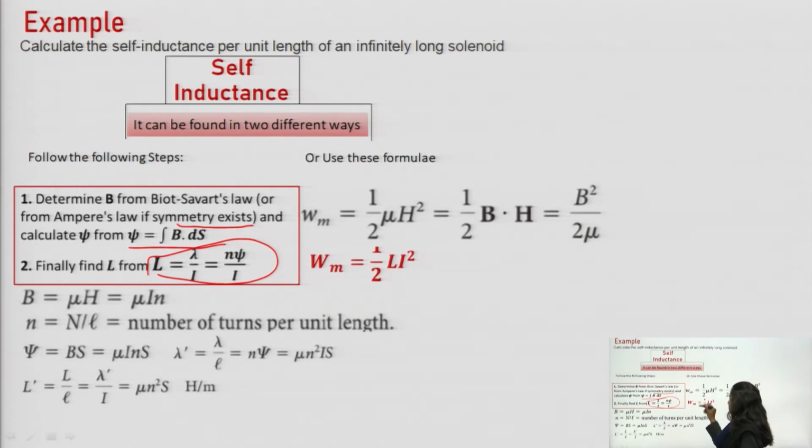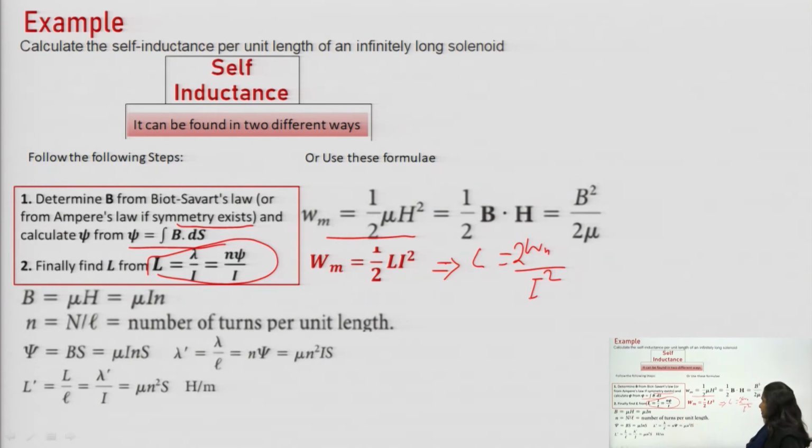So with the help of these two, we can find the value of Wm, and from this formula we can calculate the value of L, as L will be equal to 2Wm by I square. So we can use either of the two methods in order to find self inductance. Here let us use the first method.